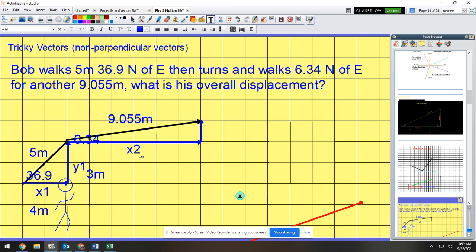This one comes out to 9 meters. And then again, we have to do this one over here. Let's call this one y2 because this is triangle 2. Use sine of 6.34 times 9.055, and this is going to come out to 1 meter.